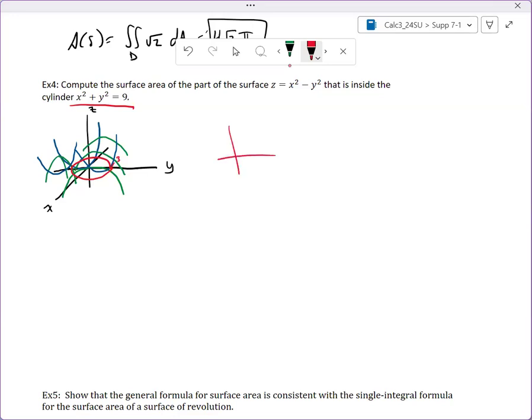So we see pretty clearly our domain is a circle of radius 3. And then here's our function f of xy.